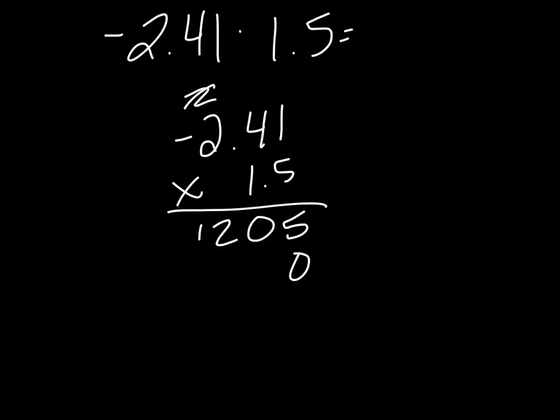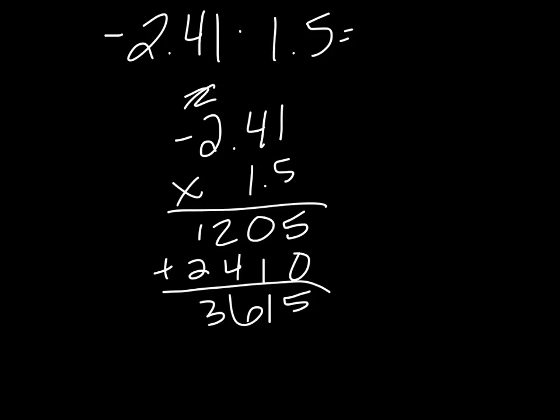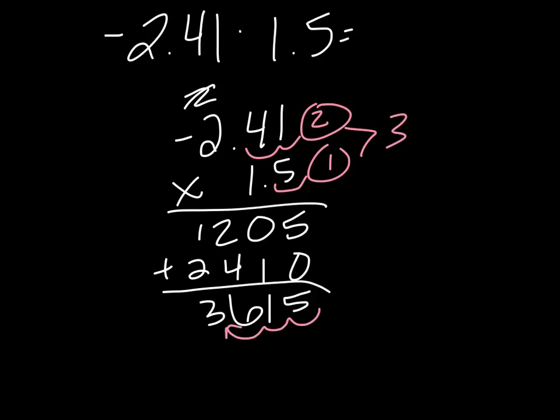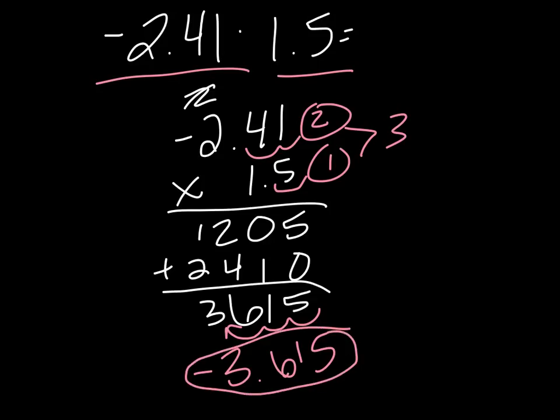Add a 0. 1 times 1 is 1, 1 times 4 is 4, 1 times 2 is 2. And then we add, so we have 5, 1, 6, 3, and we have 2 decimal places here, 1 decimal place here, so that's 3, 1, 2, 3, so our answer is 3.615, but since we have 1 negative and 1 positive, our answer is negative 3.615.